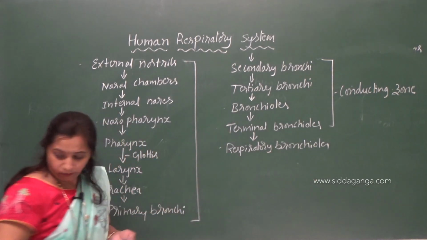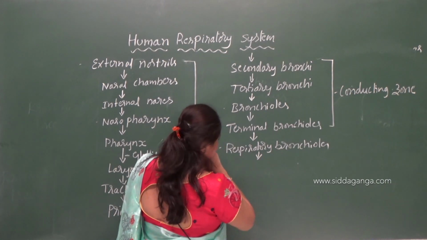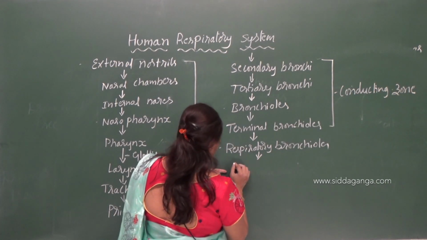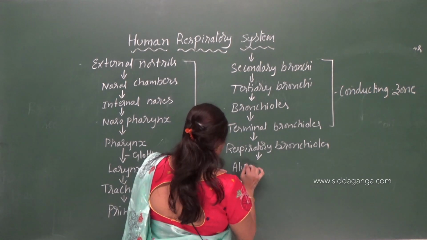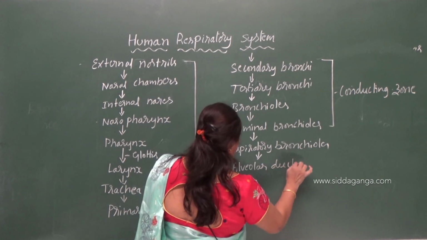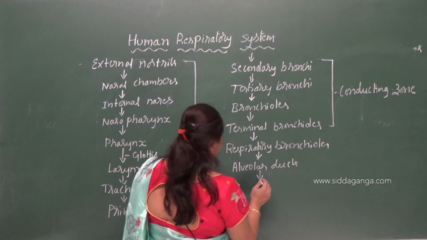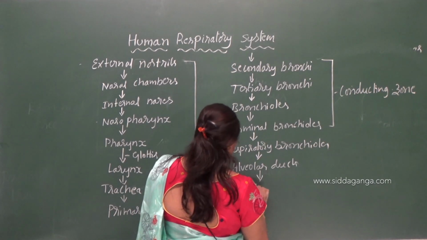So respiratory bronchioles divide to form alveolar ducts. Alveolar ducts open into atria.